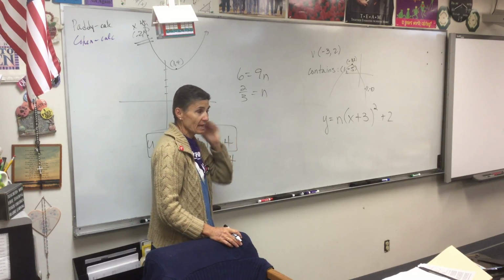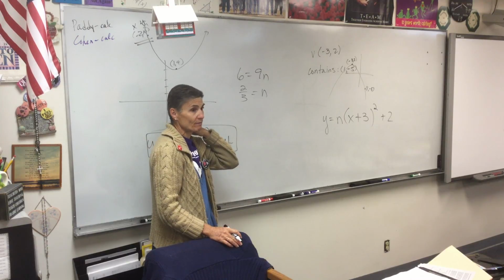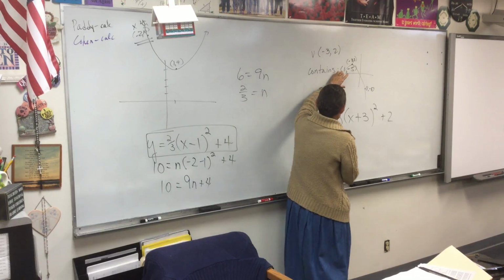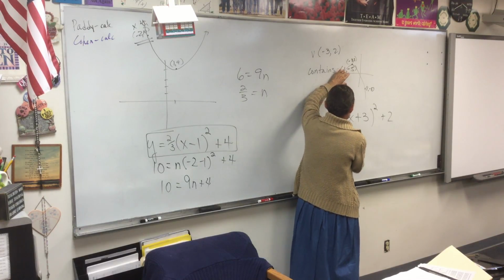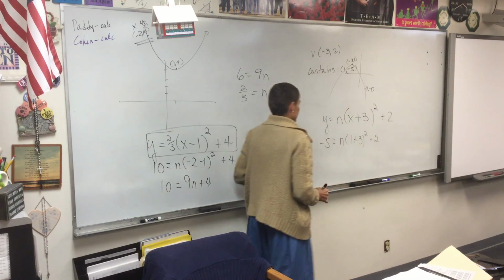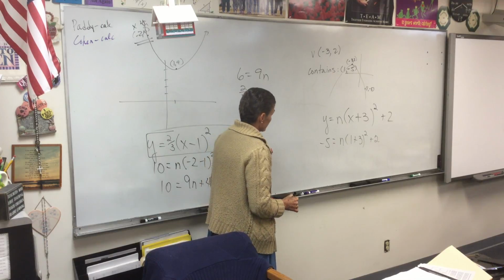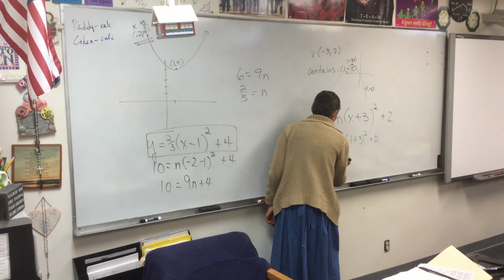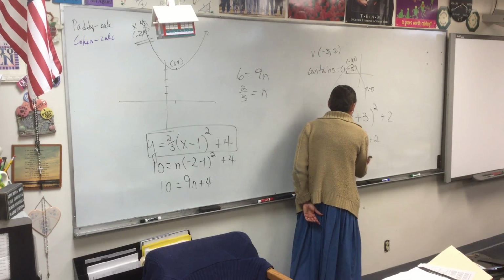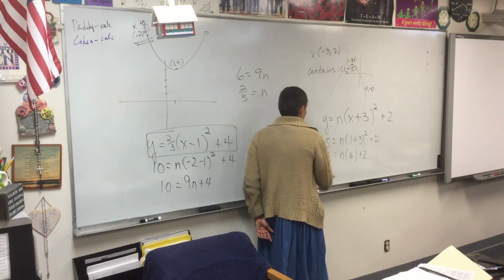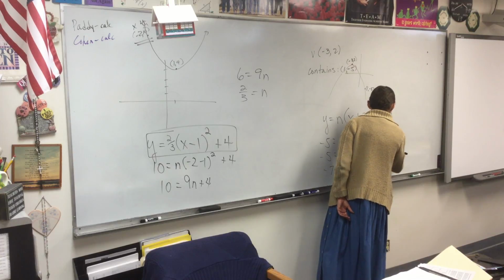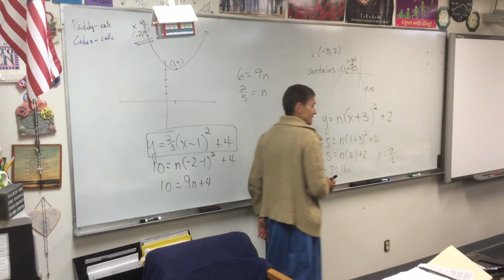Now, how do we figure out what that n is? We know it's going to be negative, but how do we figure it out? We plug in (1, -5). So -5 equals n times (1 plus 3) squared plus 2. So -5 equals n times 16 plus 2. -7 equals 16n, so n equals -7/16.